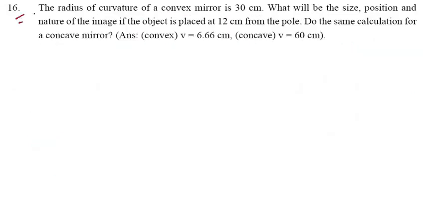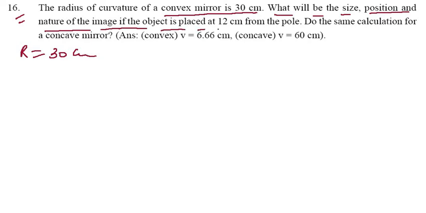Now come to the 16. The radius of curvature of a convex mirror is 30 centimeter. So that means R is given as 30 centimeter. What will be the size, position and nature of the image when the object is placed 12 centimeter from the pole? So u is equal to minus 12 centimeter.